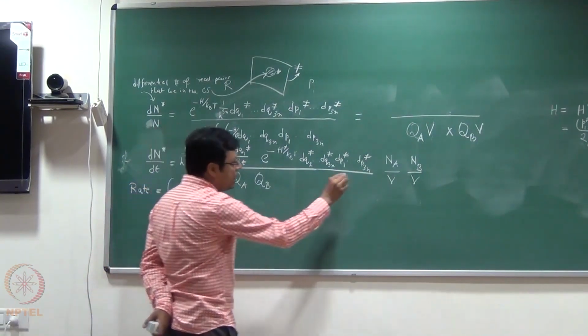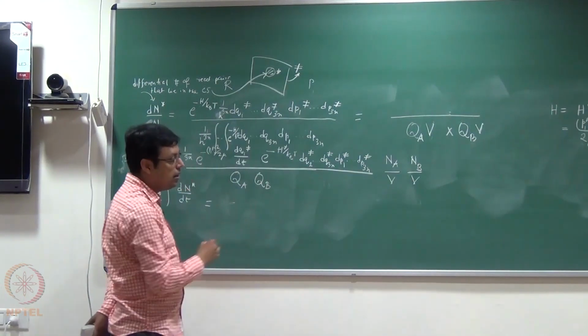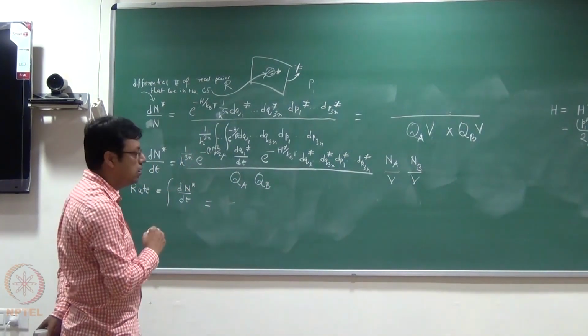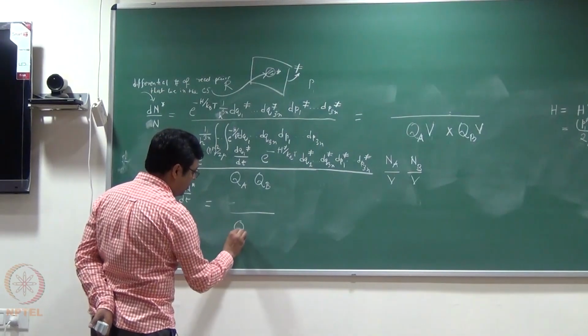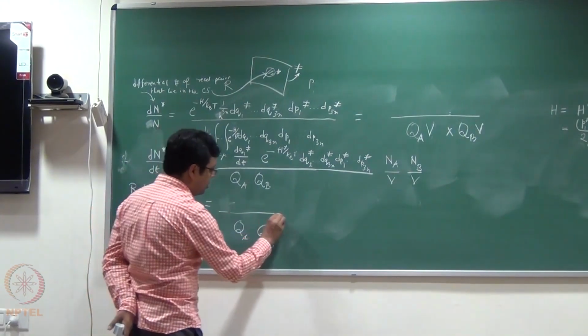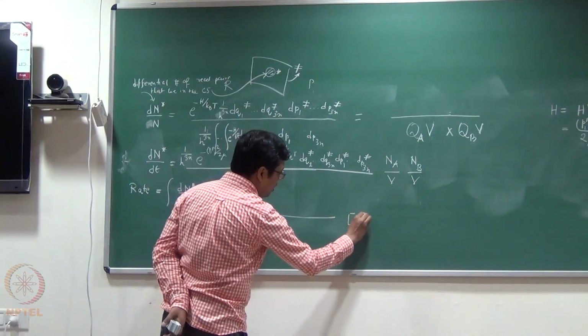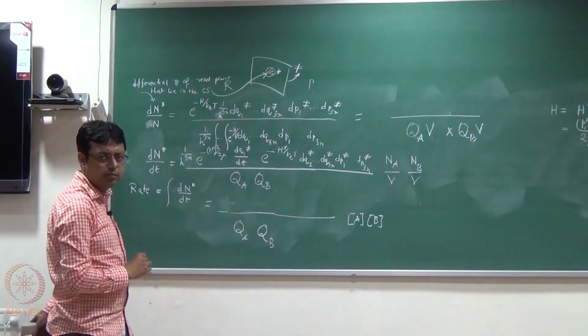Look at it: what is Na by V? This is basically the density of A. Similarly, Nb by V is the density of B. So I will have 1 over Qa Qb, and eventually A into B, just a bimolecular reaction.